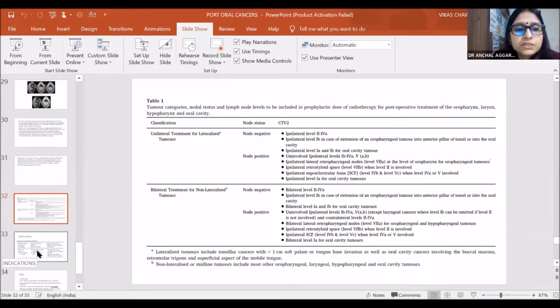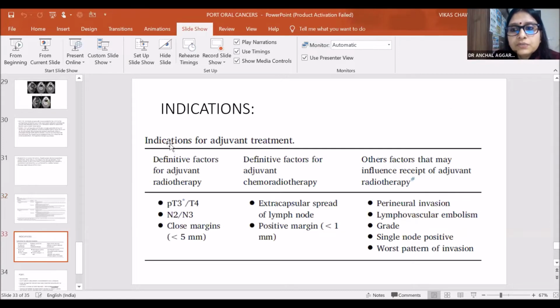So just to conclude, what are the indications? Definitive indications of giving post-operative radiotherapy are if this is T3, T4 tumor, N2, N3 disease, or if there are close margins. Definitive factors for adding adjuvant chemoradiotherapy are ECE positivity in the node, or a positive margin.